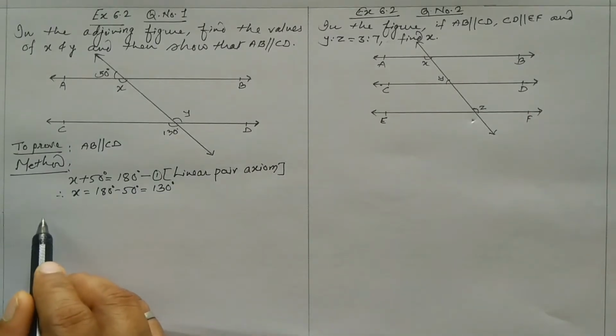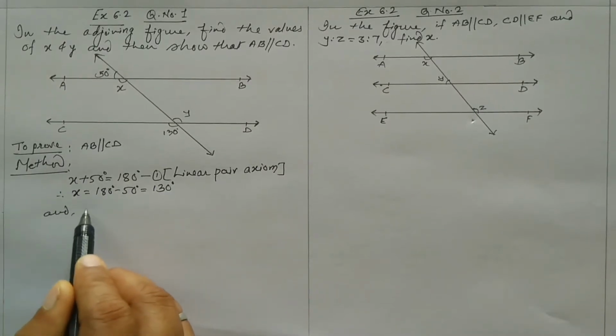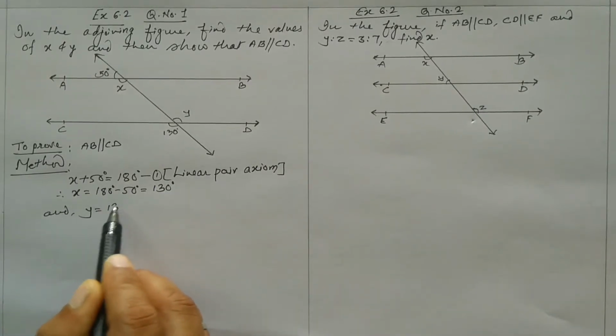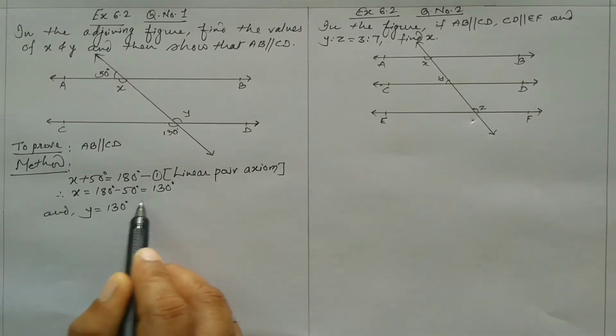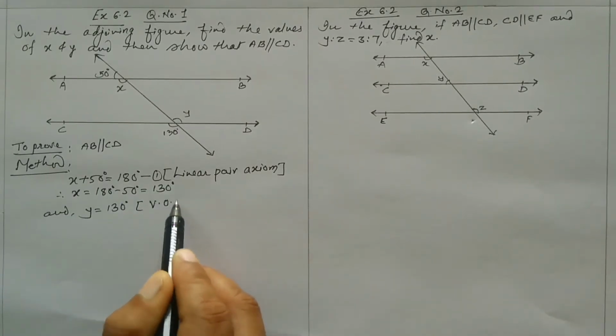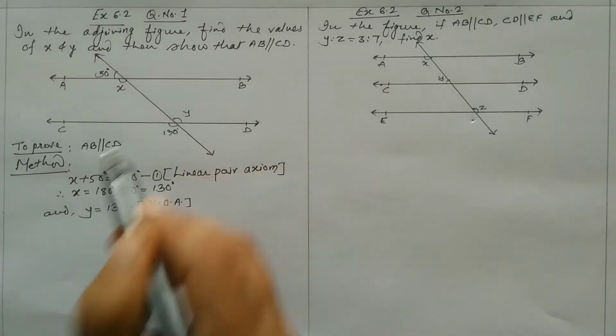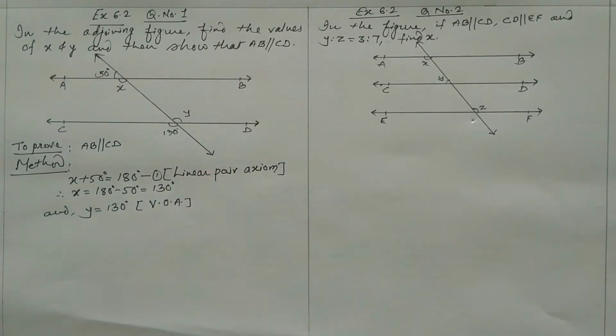Also, y is equal to 130 degrees. Reason: vertically opposite angles. You can clearly see y and 130 degrees are forming a pair of vertically opposite angles, so they are equal. Now we can see x is 130 and y is 130, so x is equal to y is equal to 130 degrees.